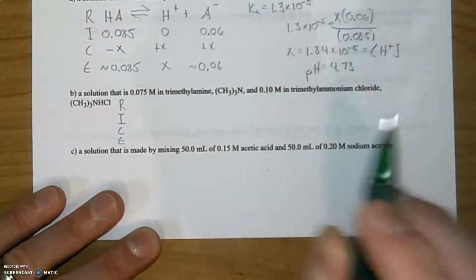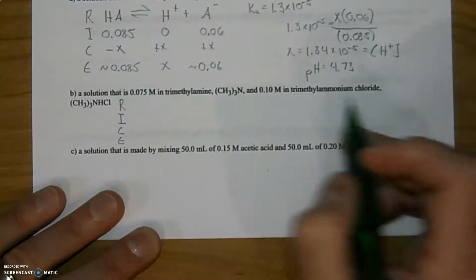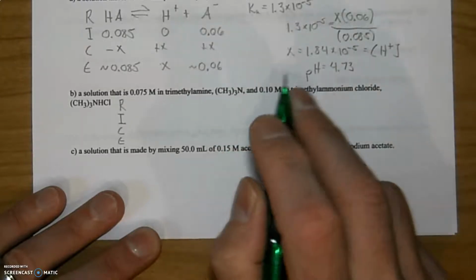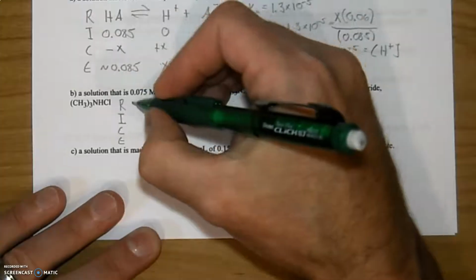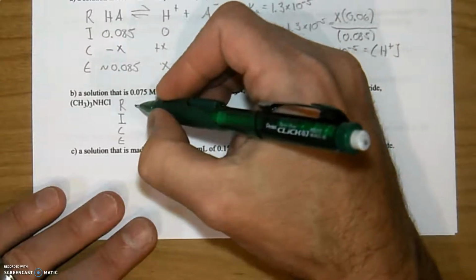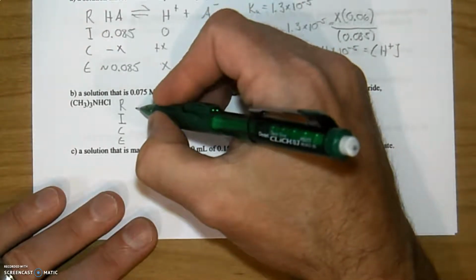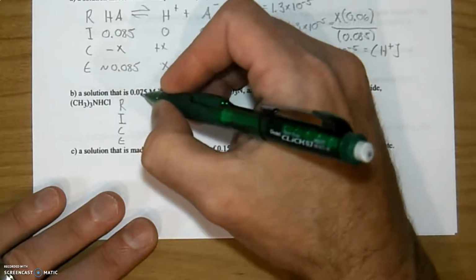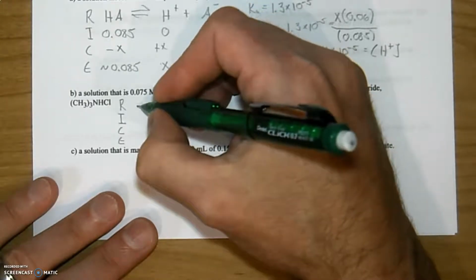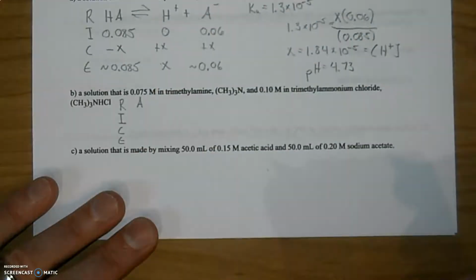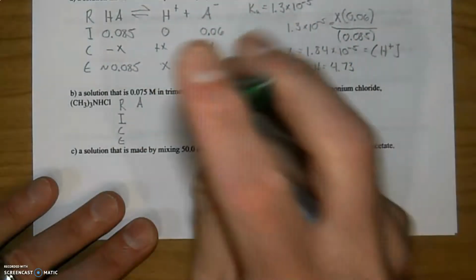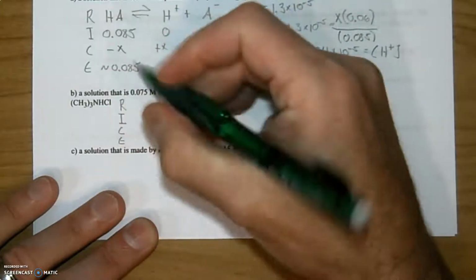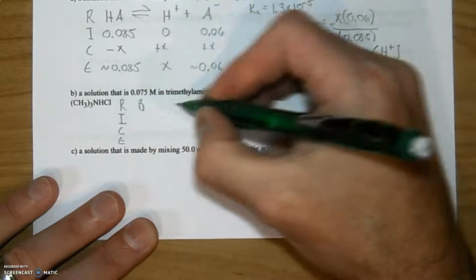Now this one is a little bit different from the fact that we are given a weak base to start with. If you remember from last chapter, if I'm starting off given the weak base, I'm just going to write that as, how do I write that in here? I'm just going to say A, no, because A signifies acid. I'll write it as B. I'm trying to shorthand this.